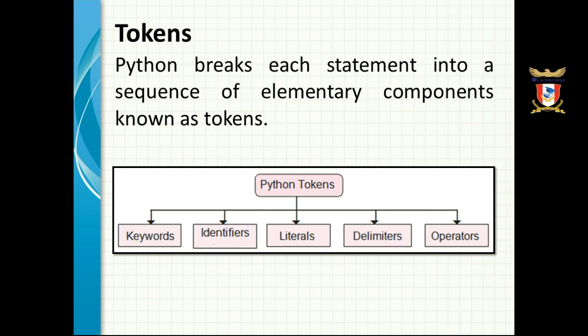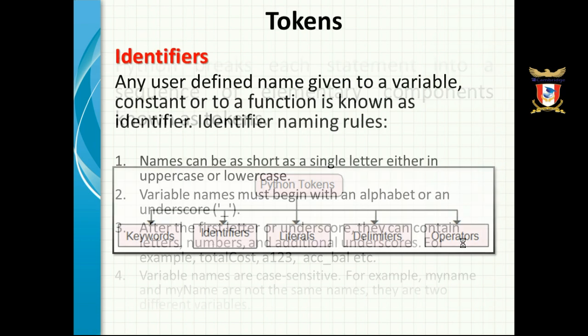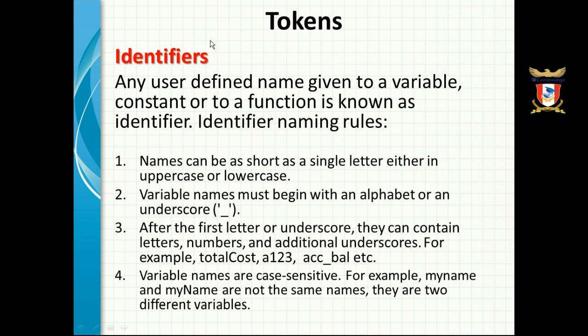So we have some tokens. Here we have keywords, identifiers, literals, delimiters, and operators. First we'll discuss identifiers. Identifier means any user-defined name given to a variable, constant, or function.